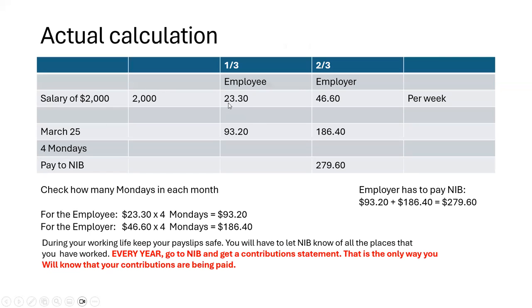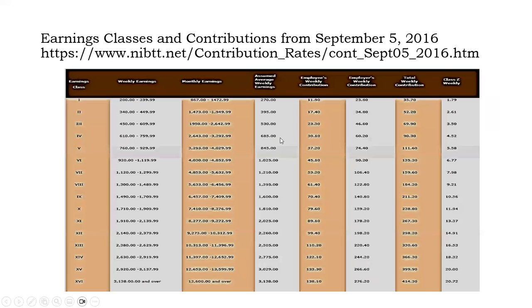So let's go back and see where we're picking up the figure for the employee and for the employer. So let's go back to the first slide. So we go into monthly earnings. We're looking for the $2,000 bracket. So here it is, 1,950 to 2,642.99. All right, this is the bracket you will fall under because you're only earning $2,000 a month.